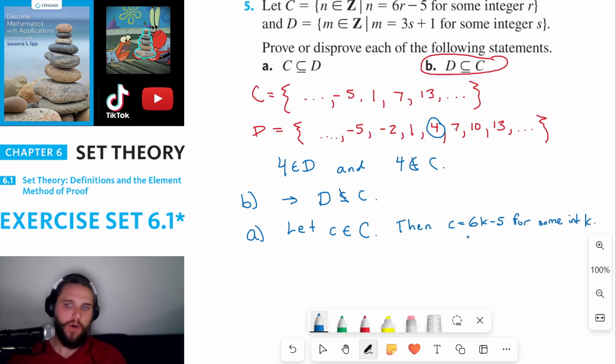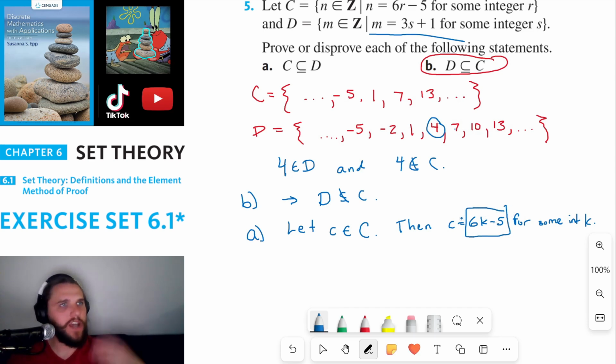Now we want to show that c is also an element of D. To do that, we need to show that c can be rewritten as 3 times an integer plus 1. So we need to change this expression, 6k minus 5, into 3 times some integer plus 1.